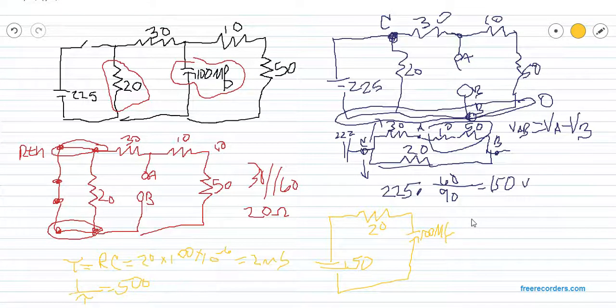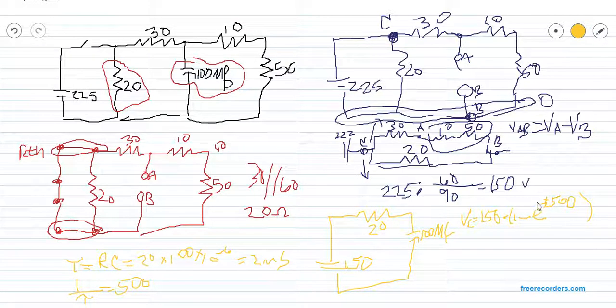So for your voltage, VC, it's equal to E, which is 150, times 1 minus e to the negative 500t.